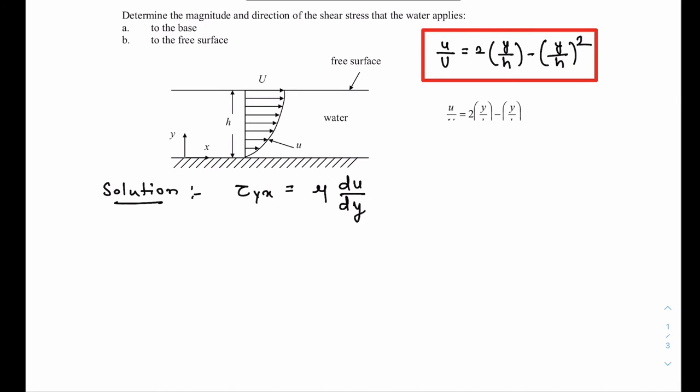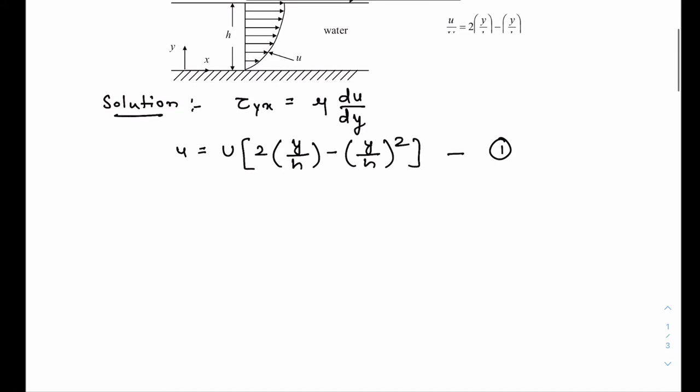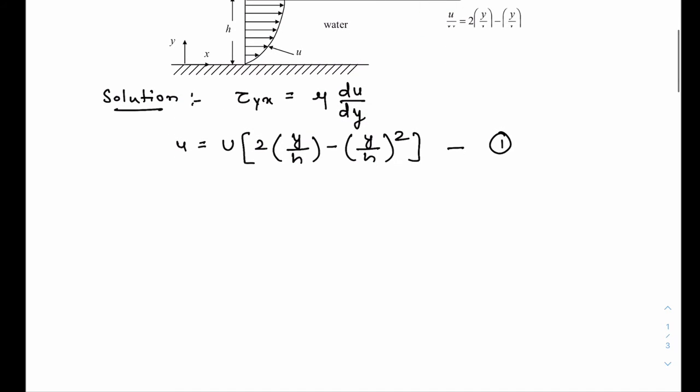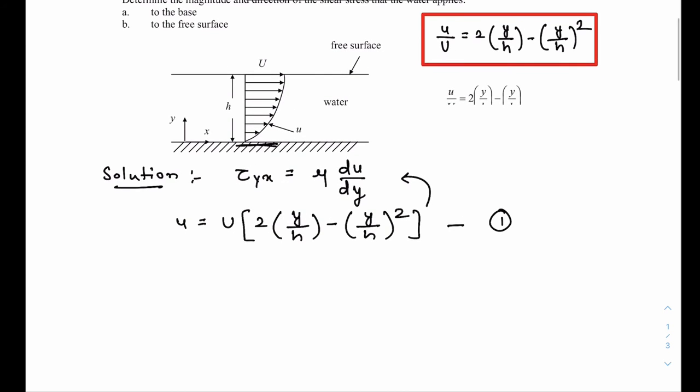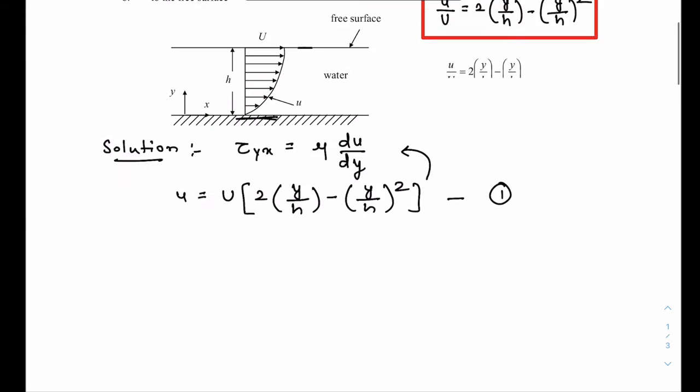In this case, u is equal to capital U times this quadratic term. If we substitute this velocity in the formula for the stress, we get the expression for the shear stress acting on the bottom wall as well as the top surface.